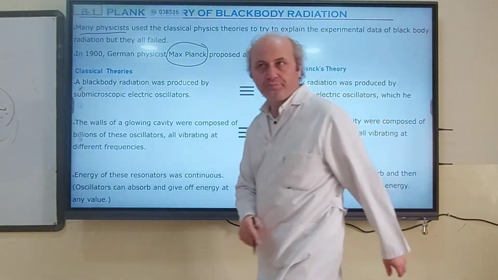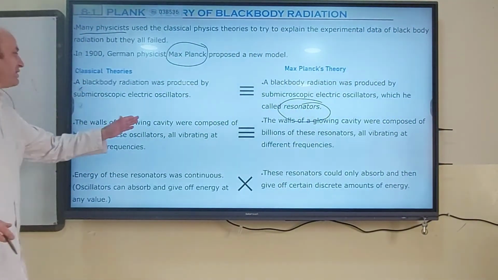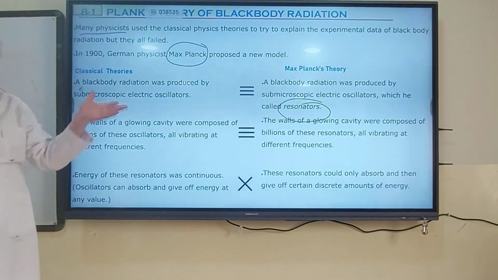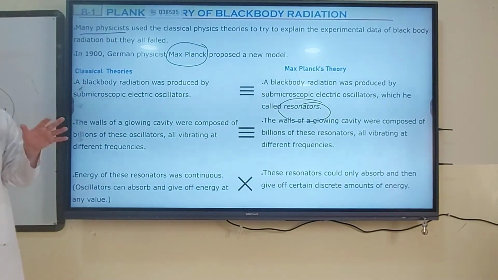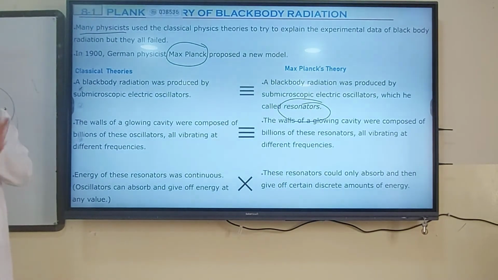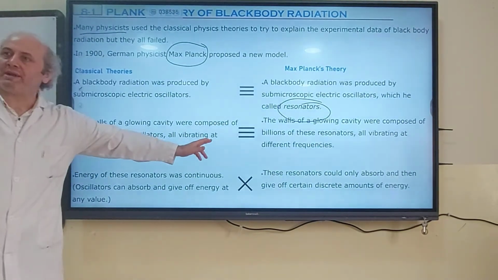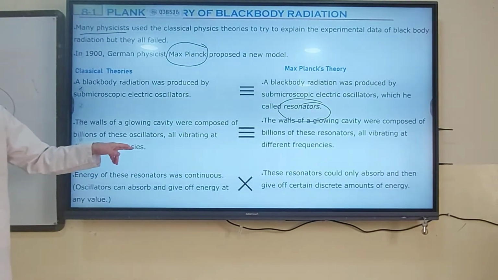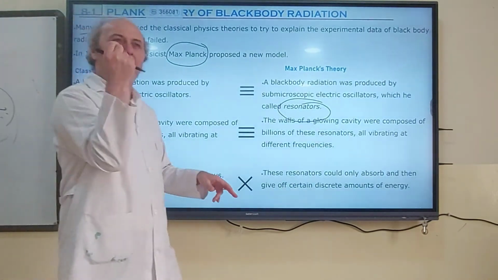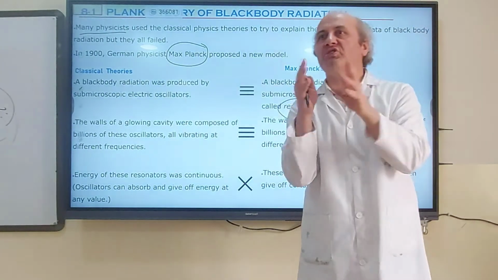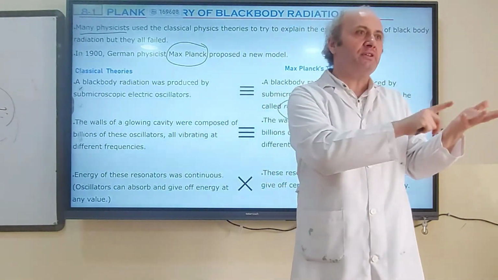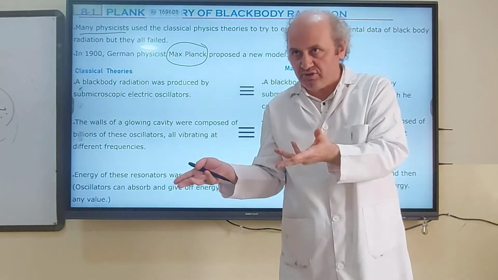Second thing, the wall of a glowing cavity. The walls of these black bodies were composed of billions of these oscillators, all vibrating at a different frequency. Like every pendulum has a different frequency depending on its length, every mass spring system has a different frequency depending on its mass and spring constant.